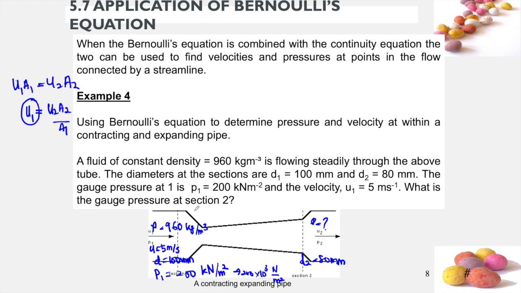So this is incompressible flow. Therefore, rho at 1 is equivalent to rho at 2, which is 960 kilogram per meter cubed. Now, there is a flow of fluid inside this contracting, expanding pipe. Therefore, you have to apply Bernoulli's equation because there is a change of energy from point 1 to point 2. You must not use the equation in the chapter on pressure and head to determine the pressure at point 2.